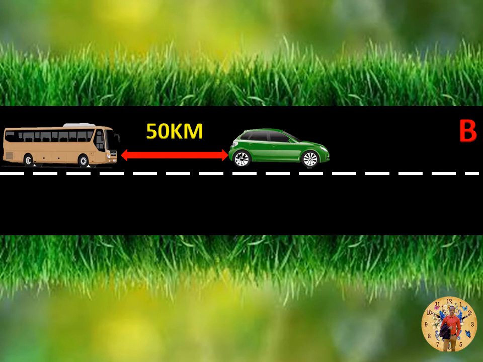There we go. As you can see now, the distance between the car and the bus is 50 kilometers. The car is ahead of the bus by 50 kilometers.